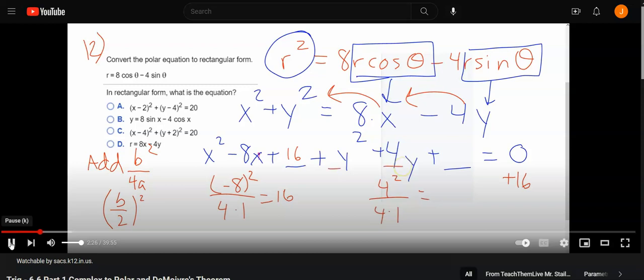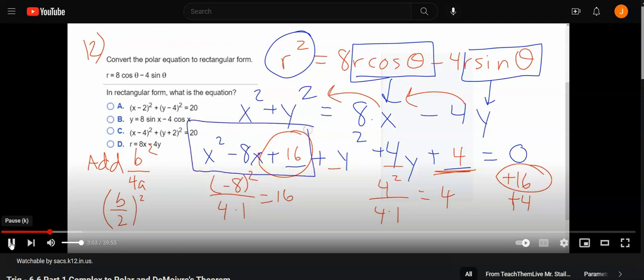So we completed the square for the x's and got 16, so I added 16 to both sides. And we completed the square for the y's and we got 4, so we added 4 to both sides. Whatever you add to one side, you must also add to the other. Now I'm going to factor this after I give myself some space. Yep, that's going to factor, and so is the y's.